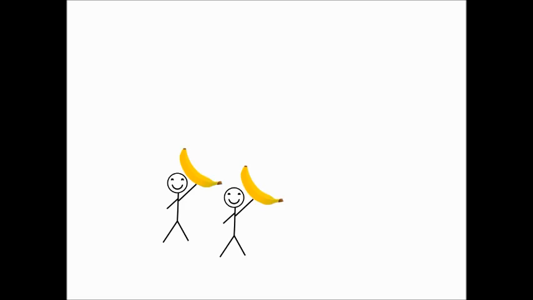These two got the bananas. Now we could consider an alternative allocation where we give the banana to somebody else, like this guy up there. Now we could give the banana to him.